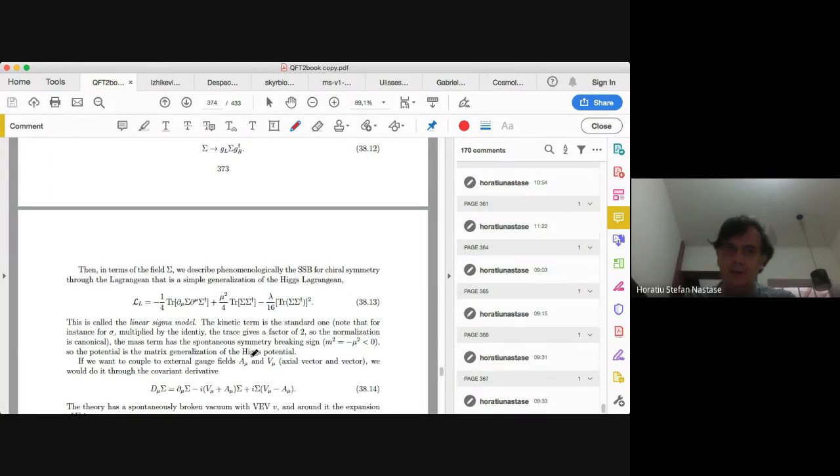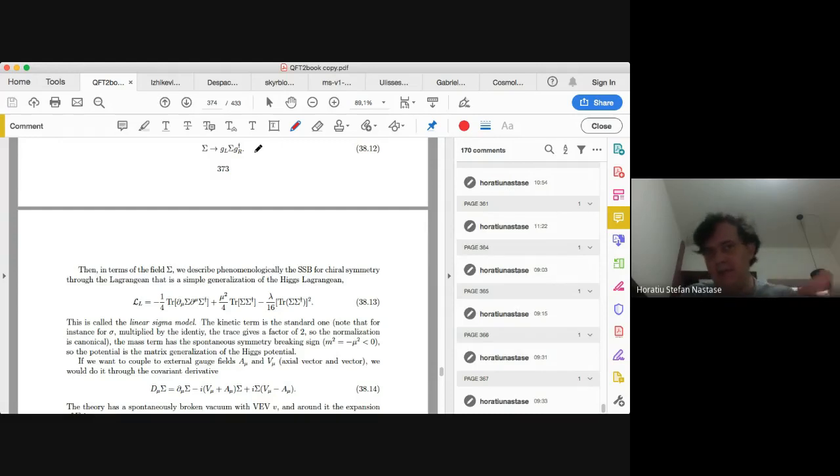the invariant object, right? Because if I write sigma dagger, then this transforms as G right sigma dagger G left dagger. So sigma dagger transforms into G right sigma dagger G left dagger.